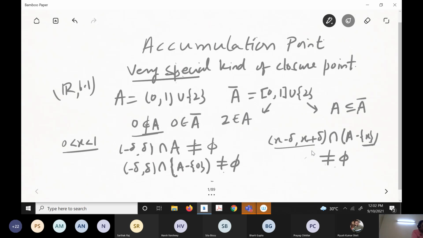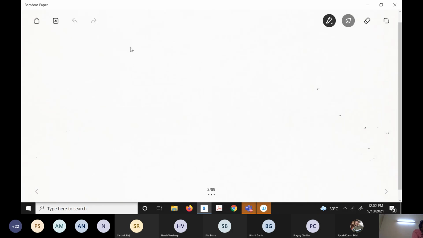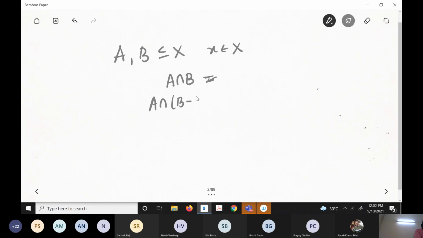Before that, I should tell you that we have two sets A, B, subsets of X, and suppose x is a point. I do not know whether x belongs to the intersection or not, but if I write A intersection B minus x, that means excluding x.